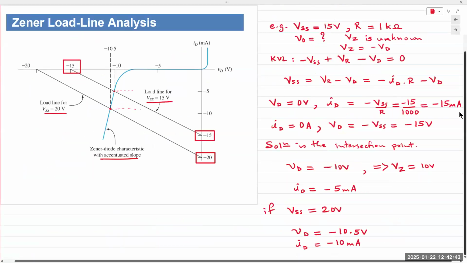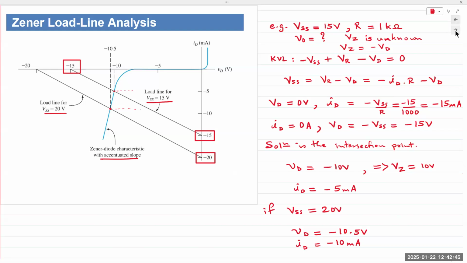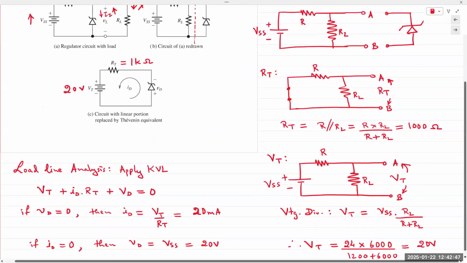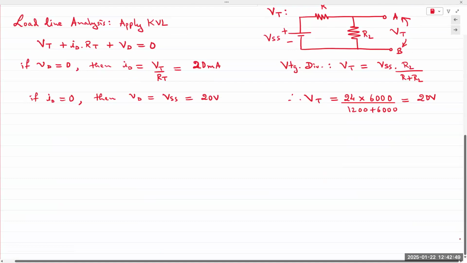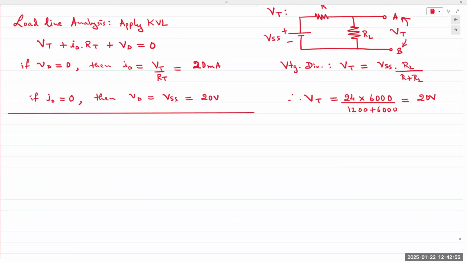So let's say, for example, in this regulator, we have a Zener diode with a power rating of 1 watt. Let's say VL needs to be maintained at 10 volts.